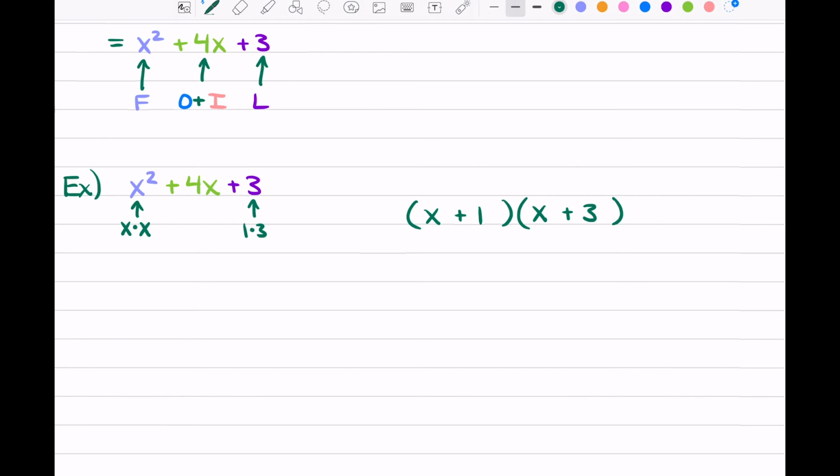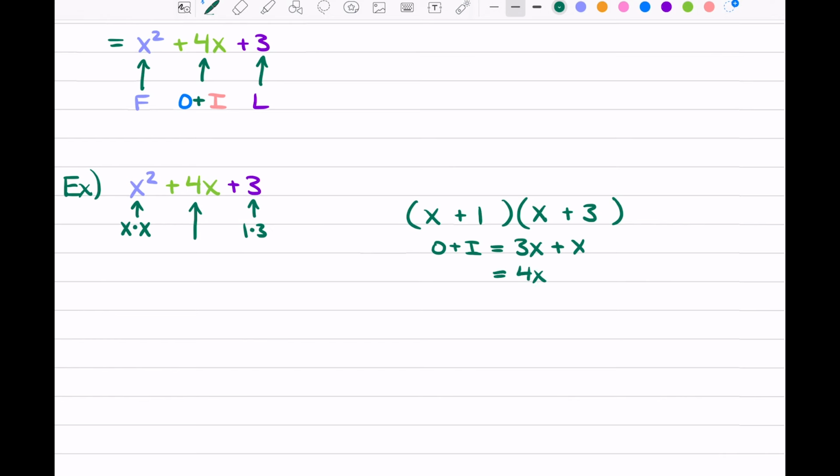Now, finally, we want to deal with this piece right here. So we know that our middle piece comes from O plus I. So all we need to do is check, does our O plus I equal 4x? Our outer plus inner, so that would be 3 times x, or 3x, plus our inner, which is 1 times x, or x.